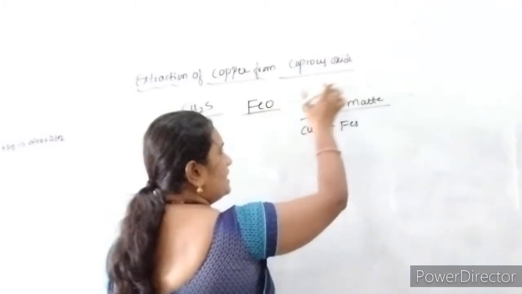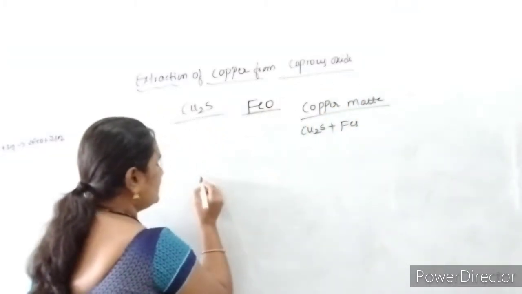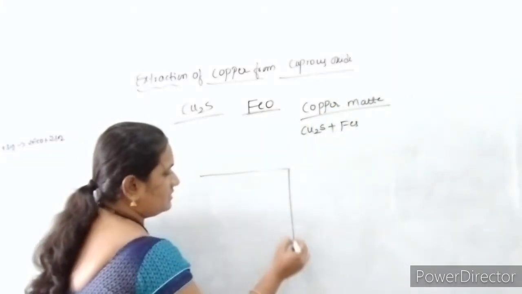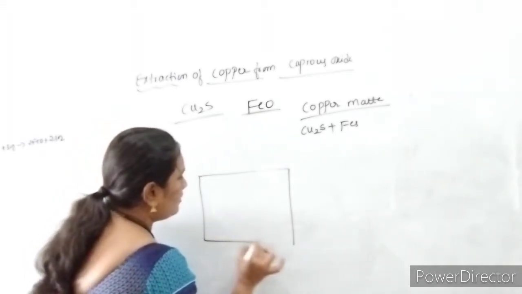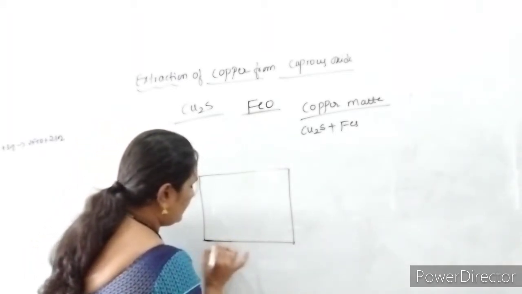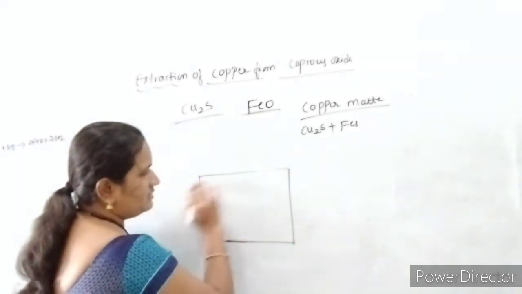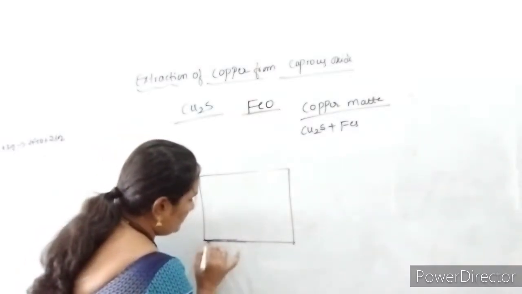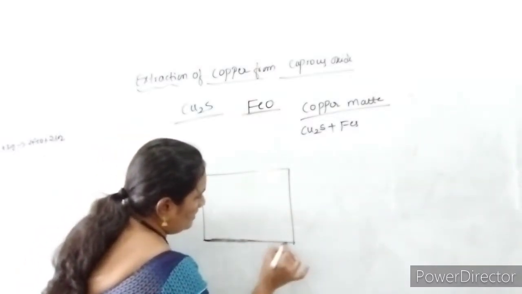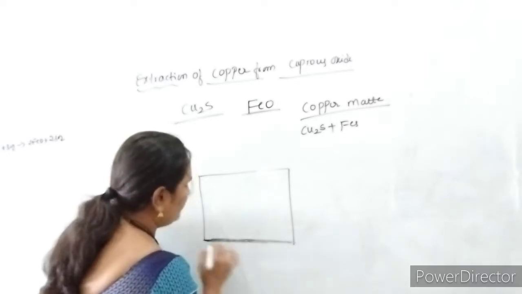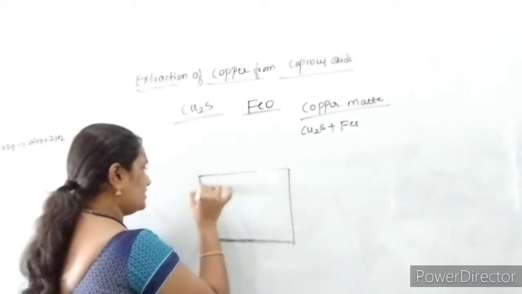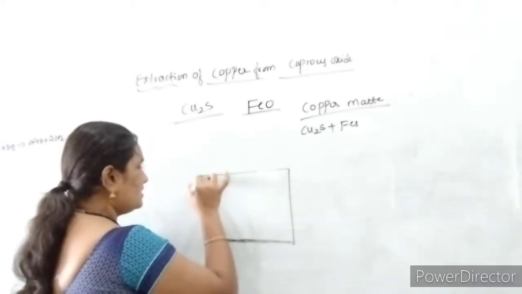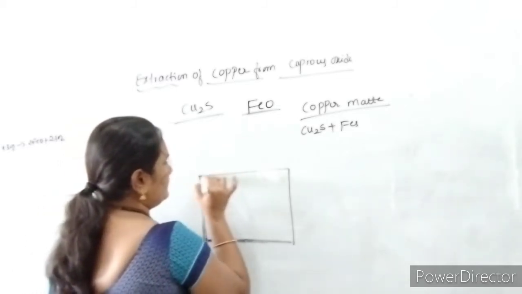Again we have to charge this copper matte into the silica lined converter, a vessel which is lined with silica.